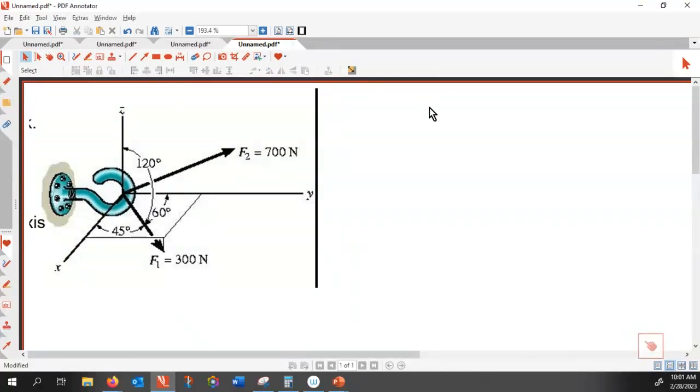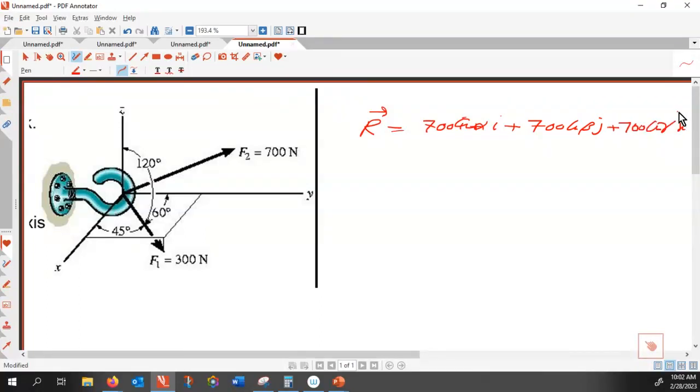Well, I know that this is going to be the resultant. F2 is 700 cos alpha i plus 700 cos beta j plus 700 cos gamma k. That is F2. And what about F1?